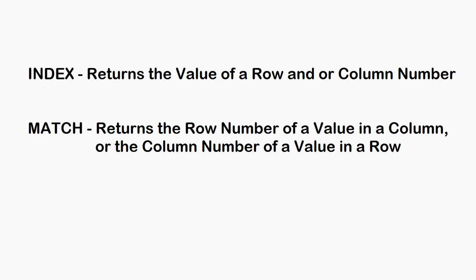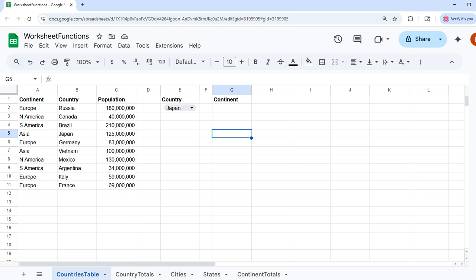Quick primer: INDEX returns the value at a row and/or column number, and MATCH returns the row number of a value in a column or the column number of a value in a row. Here I have a spreadsheet countries table, with continent, country, population at the top. Let's say I want to know the column number in the top row where the word population is.